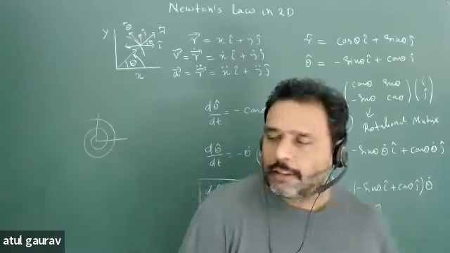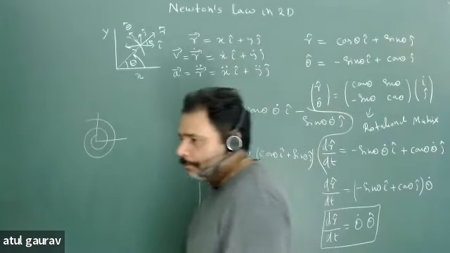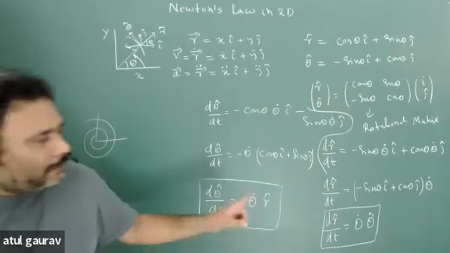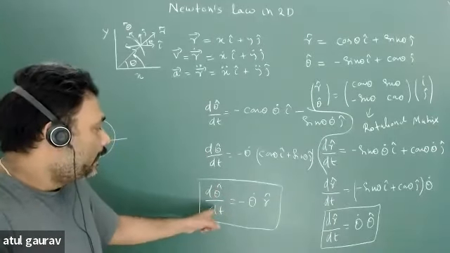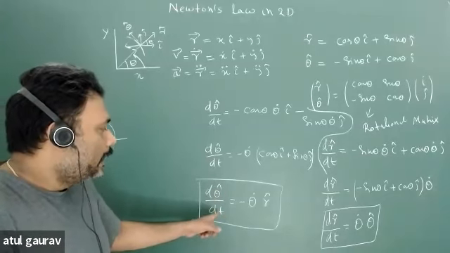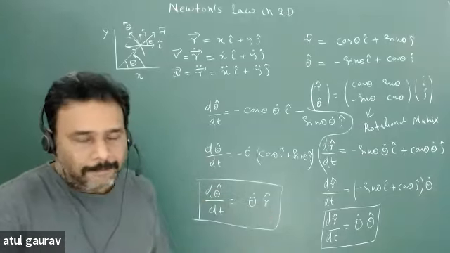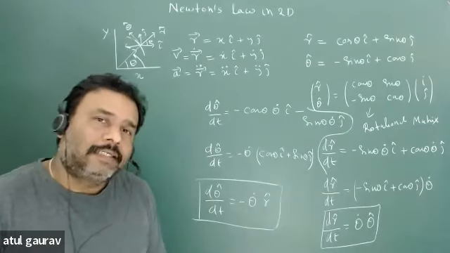So these are two very fundamental equations for polar coordinates. And due to this equation, now look at this, it is very interesting. Rate of change of theta cap, d theta cap upon dt, in which direction? Opposite to radial direction.